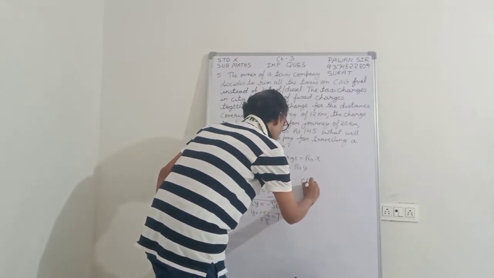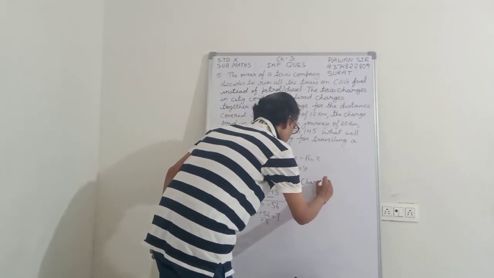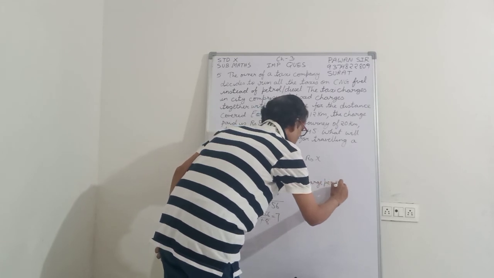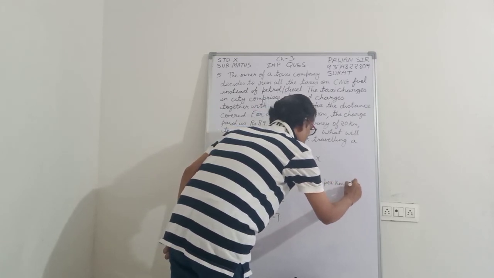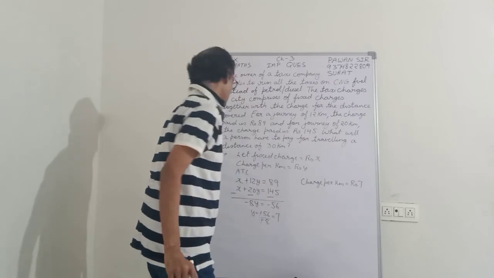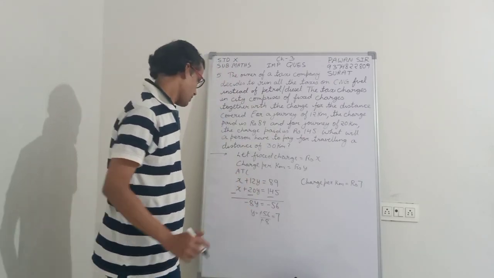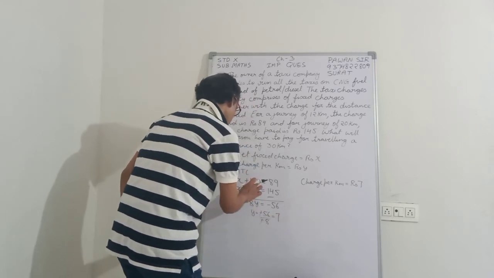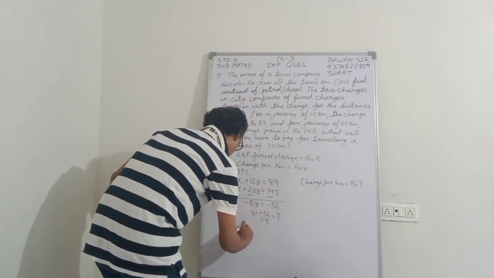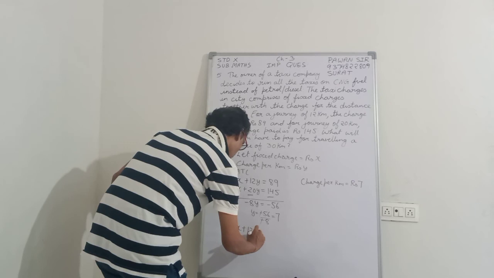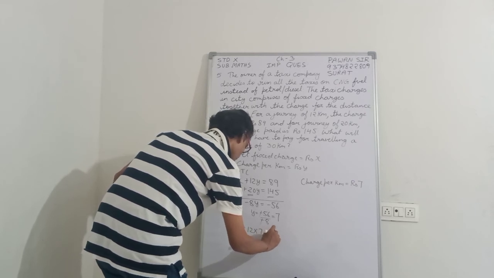Therefore, the charge per kilometer is equal to rupees 7. Now put the value of y in this, we can get x. Put the value of y in this, what we get? x plus 12 into 7, it is equal to 89.